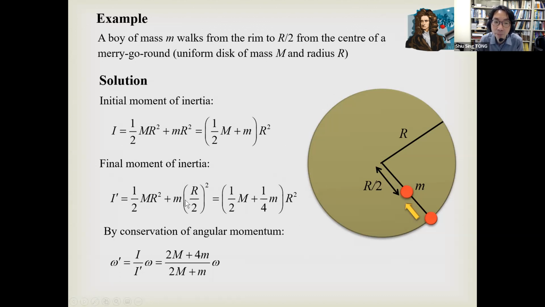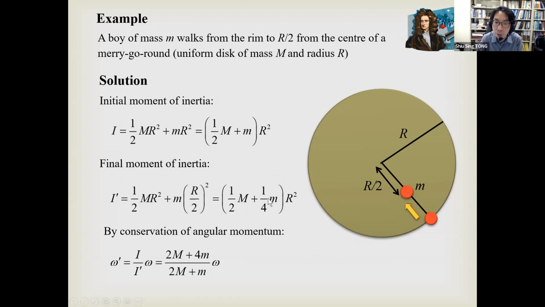Okay, so I have m times capital R over 2 squared. The two added together will be the final total moment of inertia, which is given by this expression. So I simply use the conservation of angular momentum, omega prime equals I over I prime times omega.